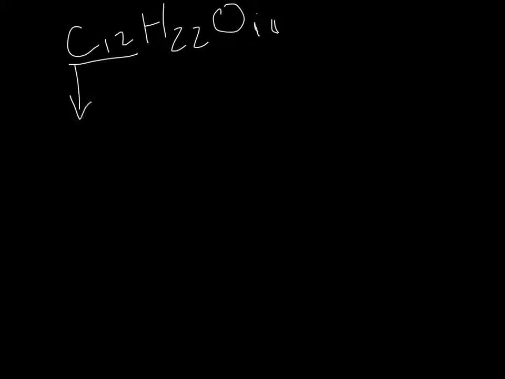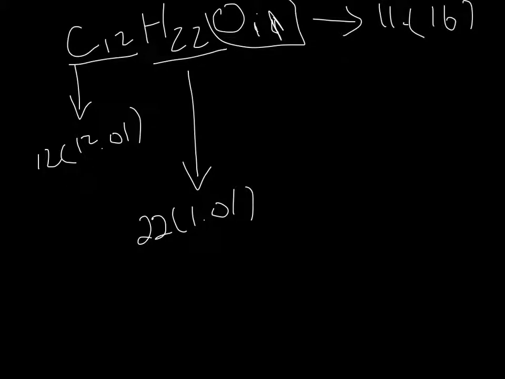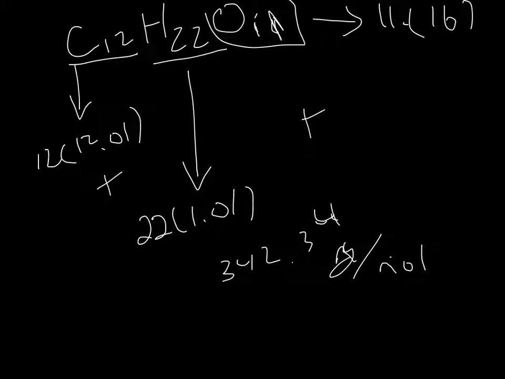Carbon has a mass of 12.01, and there are 12 carbon atoms, so we do that. There are 22 hydrogens at 1.01 for its molar mass. That is an 11, so we take 11 times the 16. Then we add these up to get a total molar mass of 342.34.